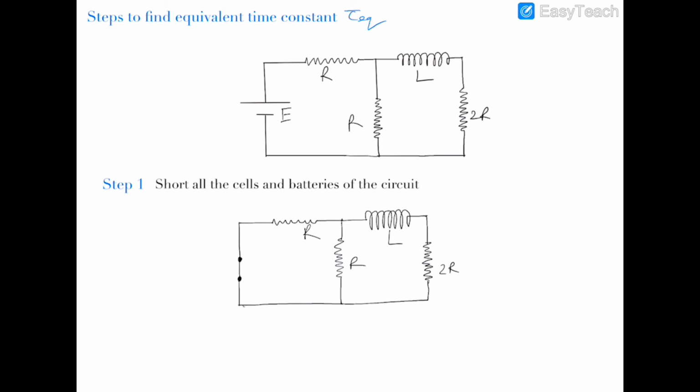We have to find out the time constant of this circuit. So the first step is to short all the cells and batteries of the circuit. You have to short circuit all the potential sources of the circuit. The potential source of this circuit is a single cell, so you have to short circuit this cell, and we have done that.